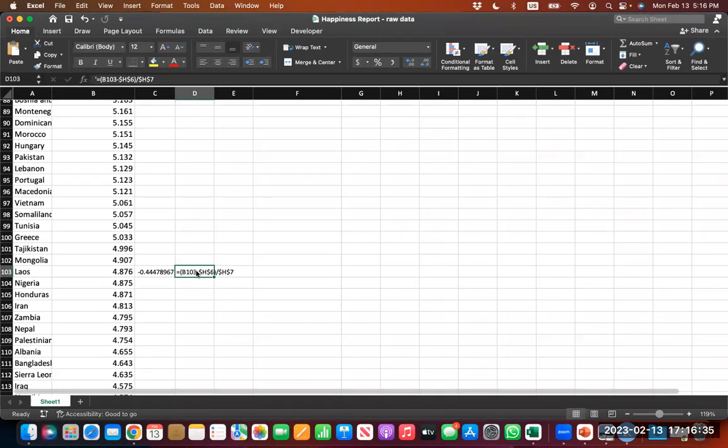That means that the happiness of Laos is 0.44 standard deviations less than our mean. Away from the mean, yes. It's 0.44 standard deviations lower than the mean.